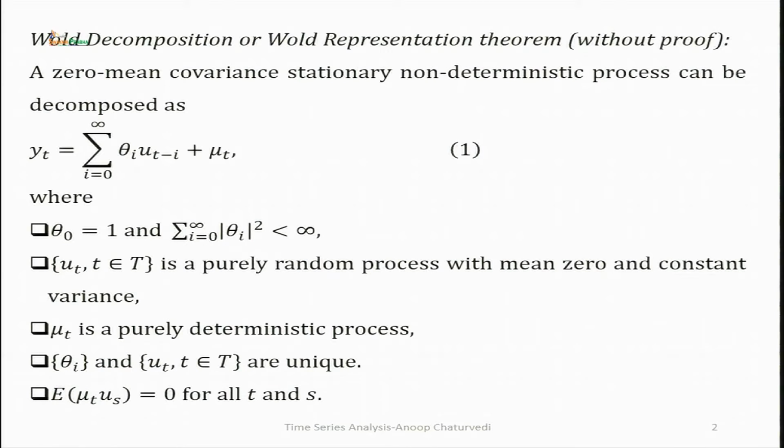In the last lecture, we have already discussed and I defined the deterministic process. Theta_i's and u_t's are unique. Expectation of mu_t u_s is equal to 0 for all t and s. So, under these assumptions, you can write any zero mean covariance stationary non-deterministic process in this form, and this representation is called the Wold representation.